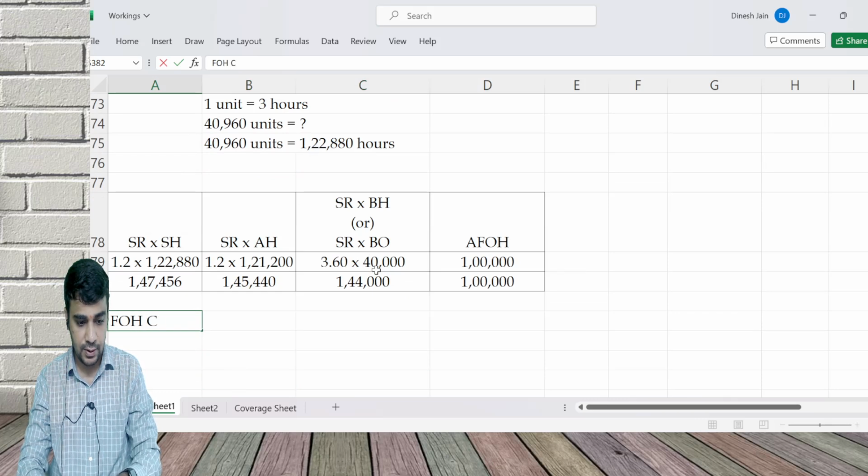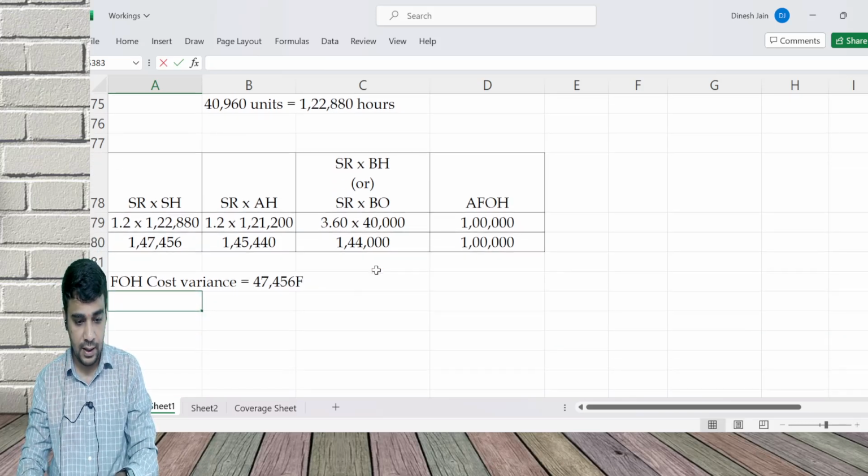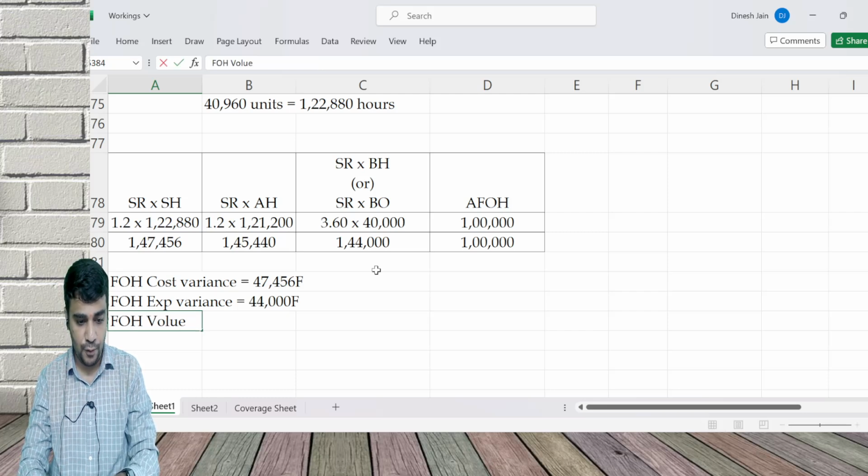FOH cost variance is 47,456 favorable. FOH expenditure variance is 44,000 favorable. FOH volume variance is 3,456 favorable.